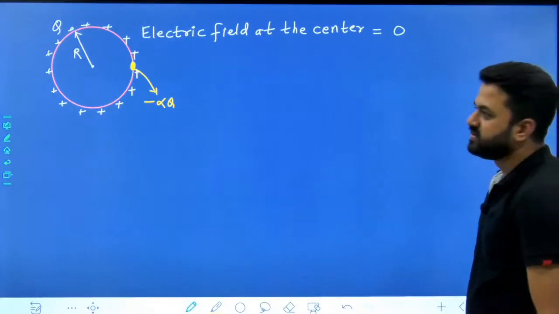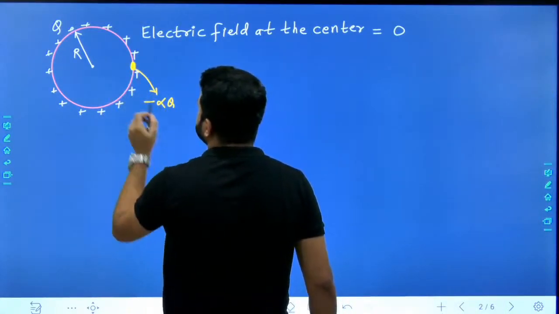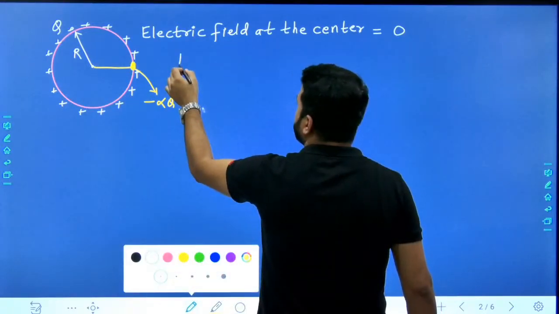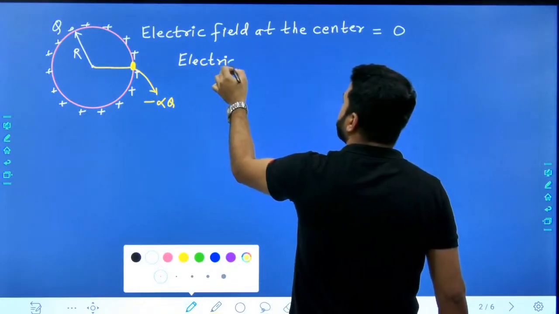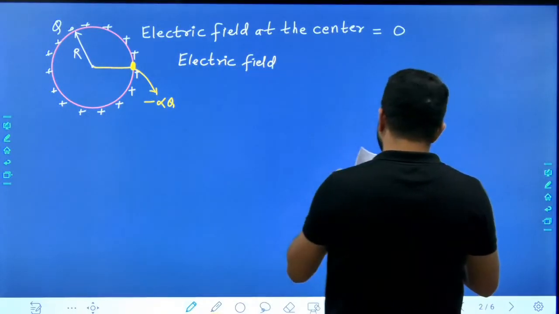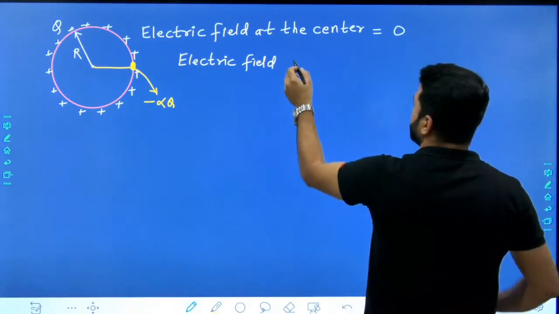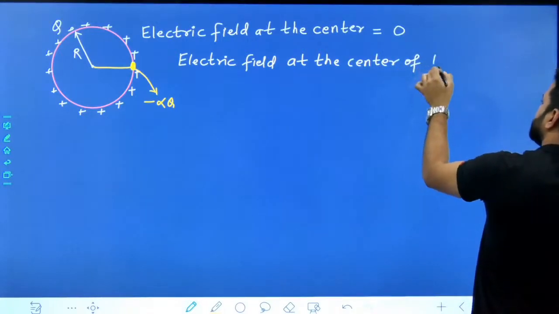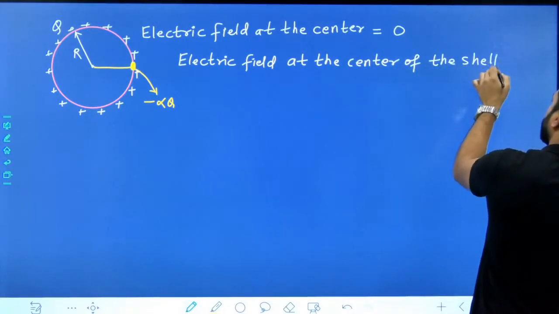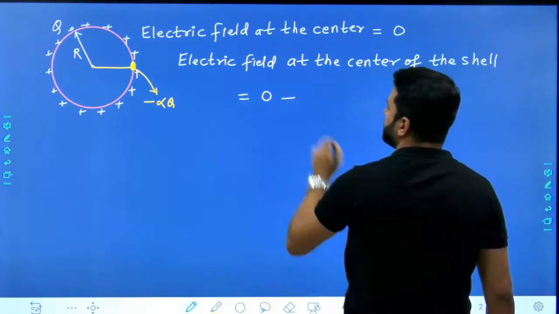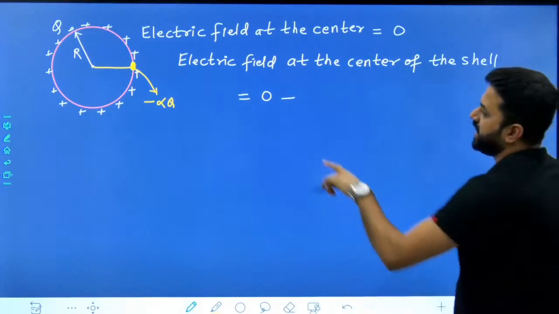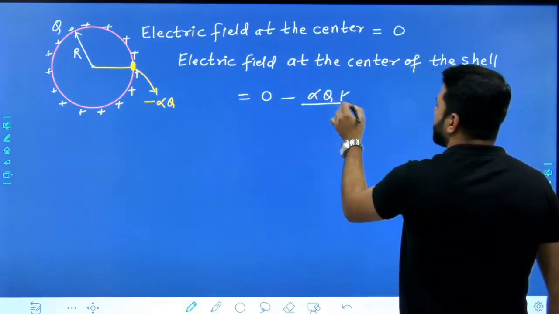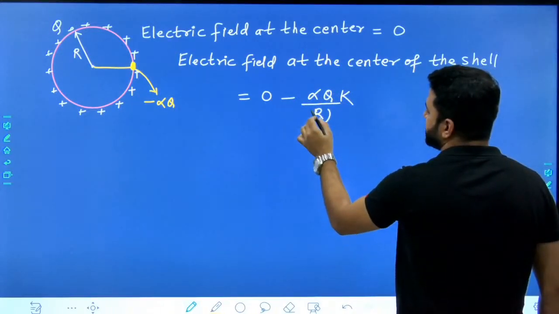The electric field at the center of the shell is 0 because of the sphere, and the other charge is this minus alpha q, into k q by r, and the distance is r whole square.